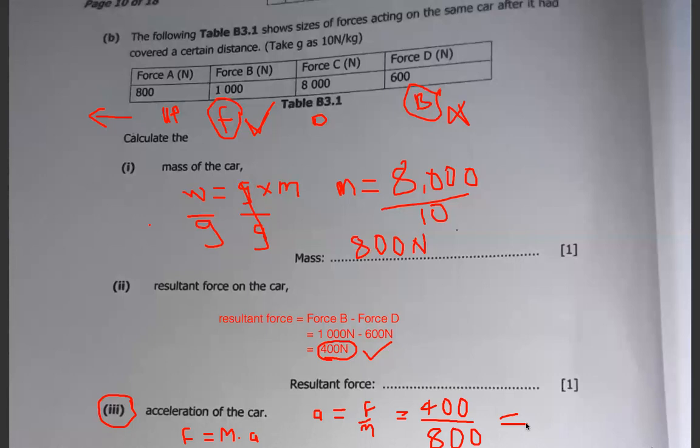So when we divide that, you'll find that our acceleration will be 0.5 meters per second squared. So this is our acceleration. This is what we have on this diagram.